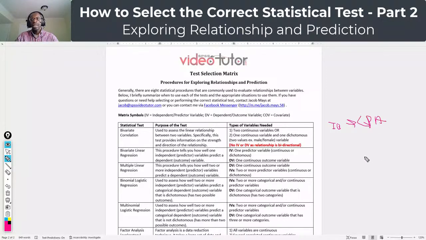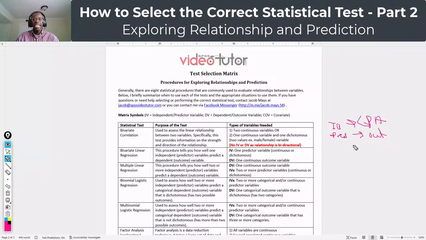We wouldn't expect GPA to influence IQ. We would expect theoretically IQ to impact GPA. So IQ would be the predictor and GPA would be the outcome variable. Because this is one direction. It's not bidirectional. It's unidirectional. We expect this to impact that.